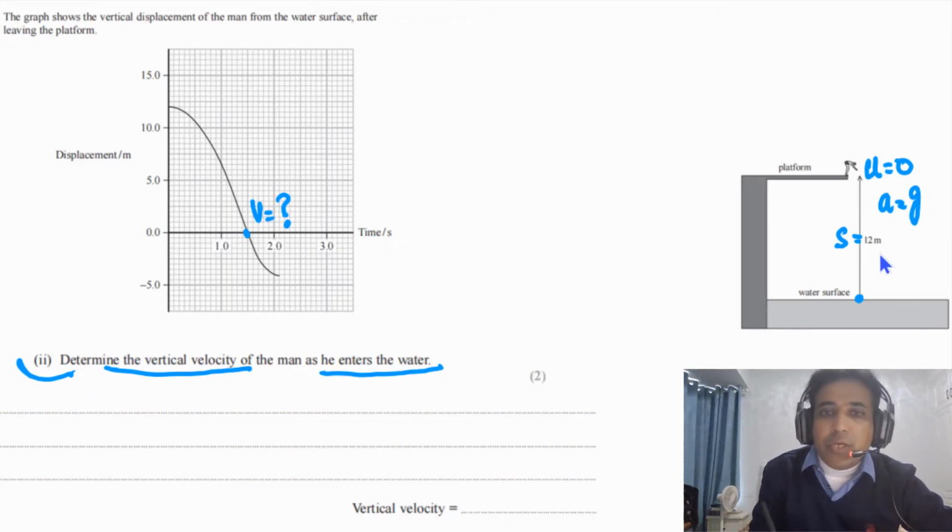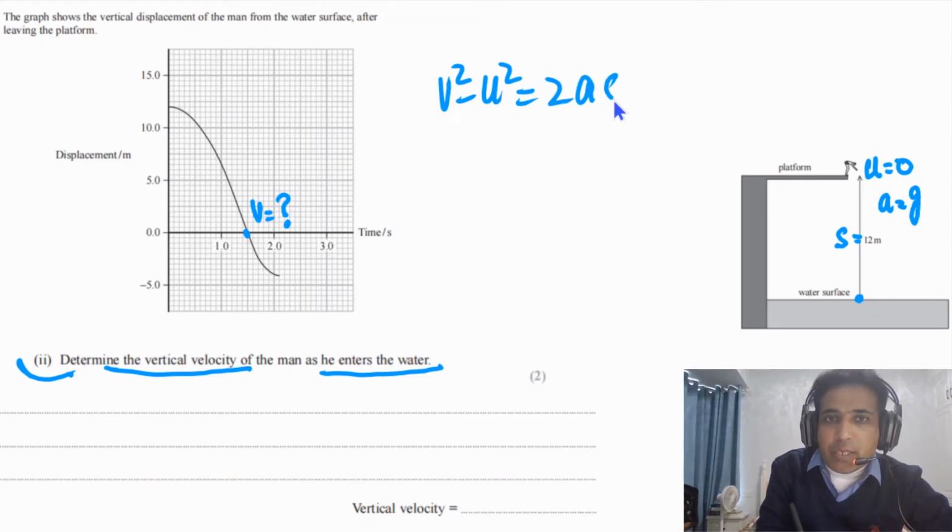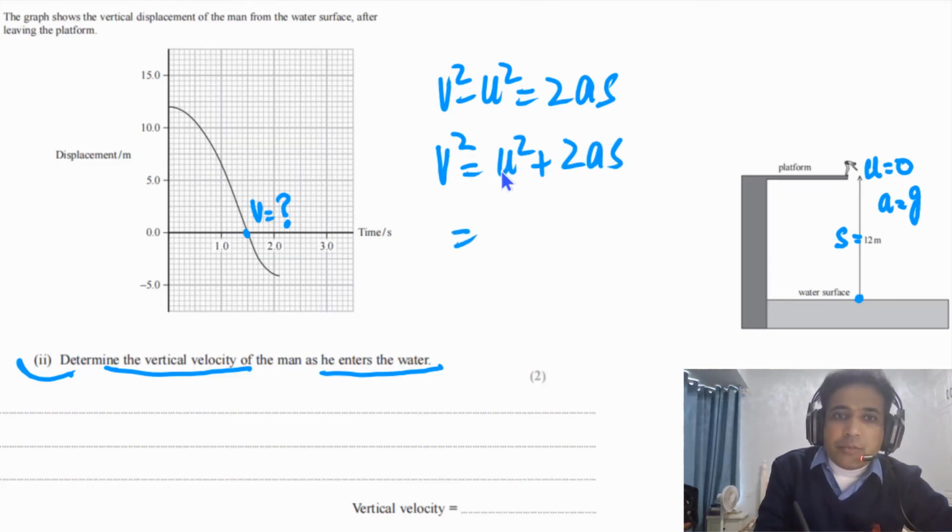Now simply we can use the kinematic equation, so we can write v squared minus u squared equals 2as. For this question we need to calculate the value of v squared. This will be equal to u squared plus 2as, and u is equal to 0, so that term is 0.